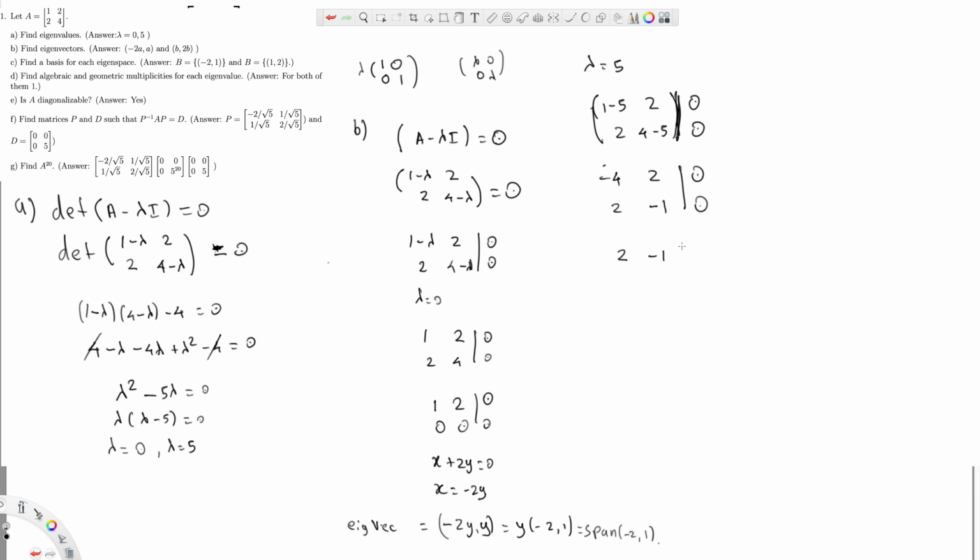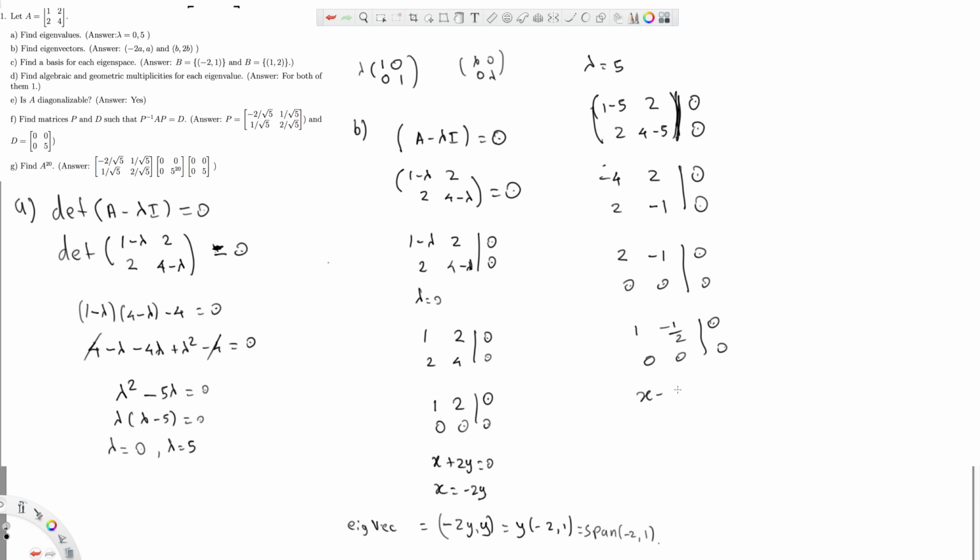So 2 minus 1, and if I multiply this by 2 and add it to the other one, it's going to be 0, so I put the 0 here. So we are doing Gaussian elimination. To do it fully, I divide this row by 2 because we want the 1 as a pivot. So I get 1, minus 1/2, 0, and 0, 0, 0.